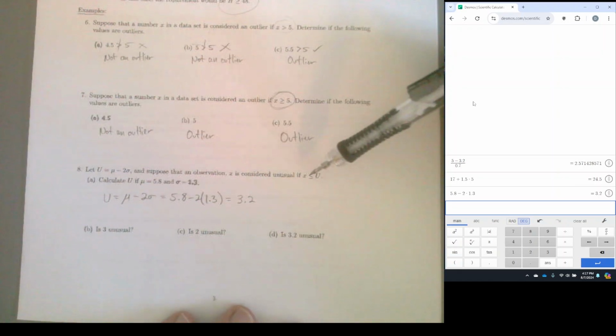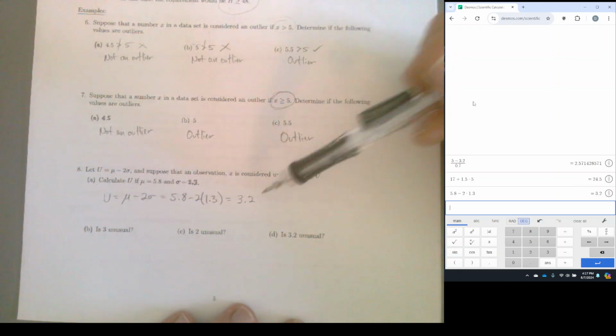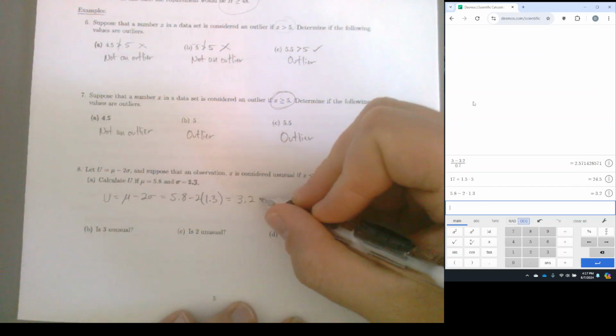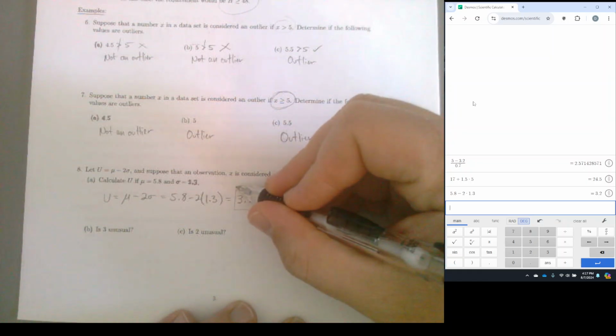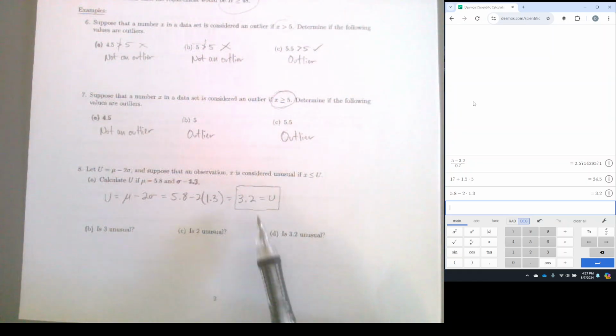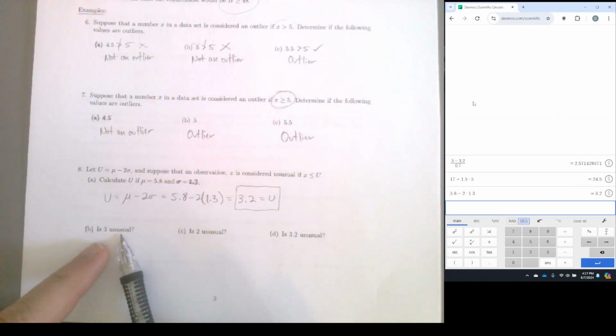And then we're asked, is 3 unusual? Is 2 unusual? Is 3.2 unusual? Well, these numbers are unusual if they are less than or equal to u, which we just computed, right? So this is u. And if a number is less than or equal to that, then it's unusual. So, is 3 unusual?